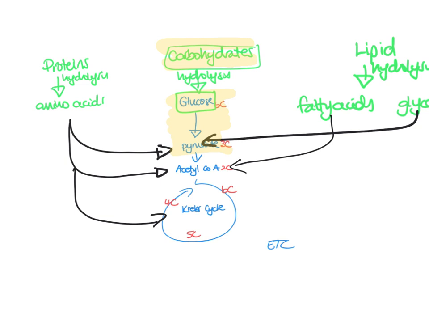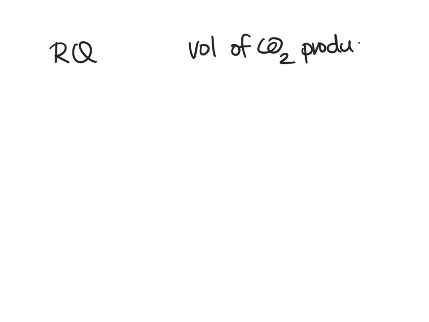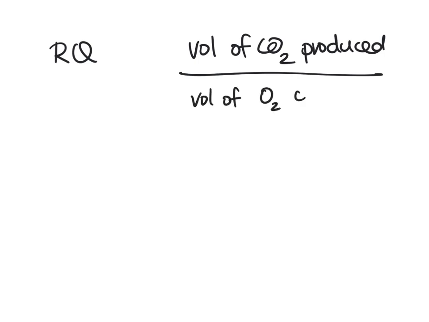The proteins, the earliest they join is at the pyruvate stage. Glycerol joins just at the pyruvate stage. Fatty acids join further down. So if there's anaerobic respiration occurring, it can only be carbohydrates. For RQ, respiratory quotient, it's the volume of carbon dioxide produced divided by the volume of oxygen consumed.